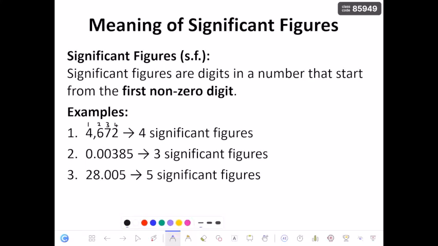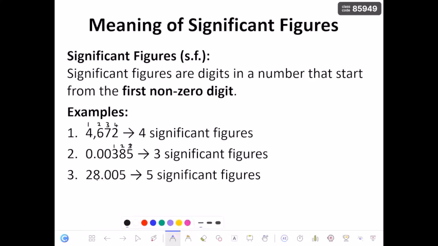So look at number 2. Number 2 starts with 0.0038. So these 3 zeros, 1, 2, 3, are not significant because they start the number. The numbers that are significant here are 3, which is the first, 8, which is the second, 5, which is the third. So these are the 3 significant figures. That is why this number is a 3 significant figure number.